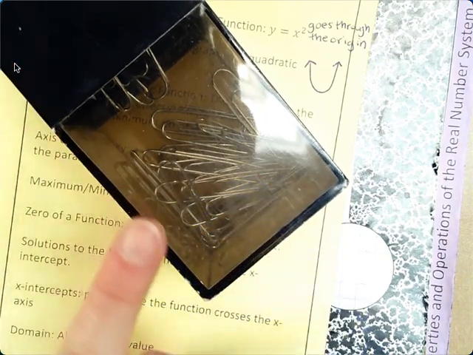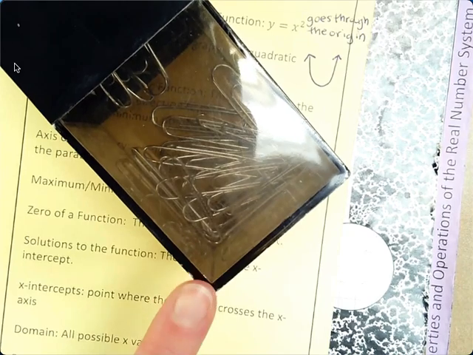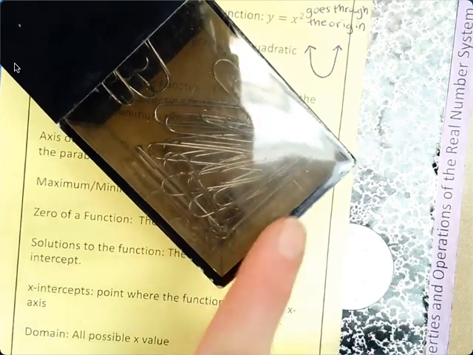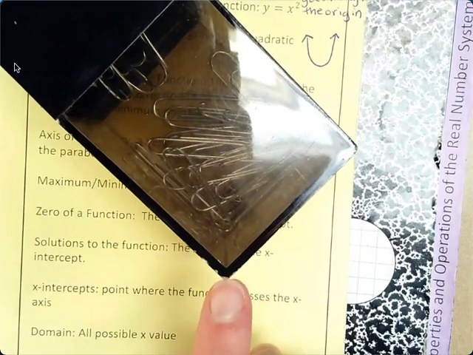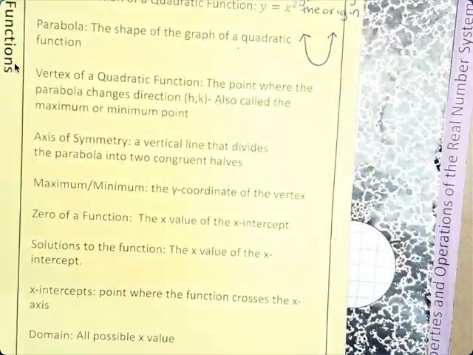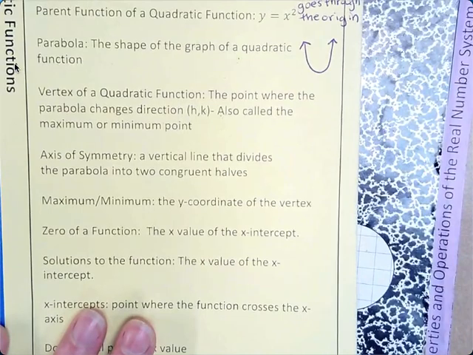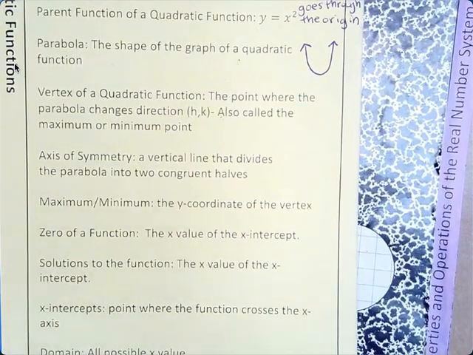So this edge is going like this, and then you stop right here and it changes direction. So where it changes direction is a vertex. Same thing for quadratic. The point where the parabola changes direction, we call it H and K. We use the letters to represent that. Also call it a maximum or minimum point.